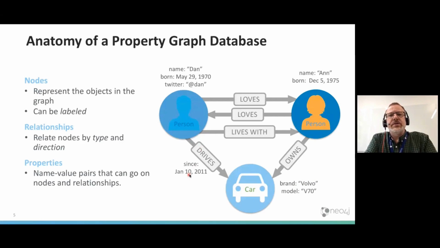He has since January 10th, 2011, although it's Anne who owns the car. So those are nodes, relationships, and properties. And these few components are really what allow us to build these kind of really robust, complex models and reflect all the context that we need to be able to work with the data in our graphs.